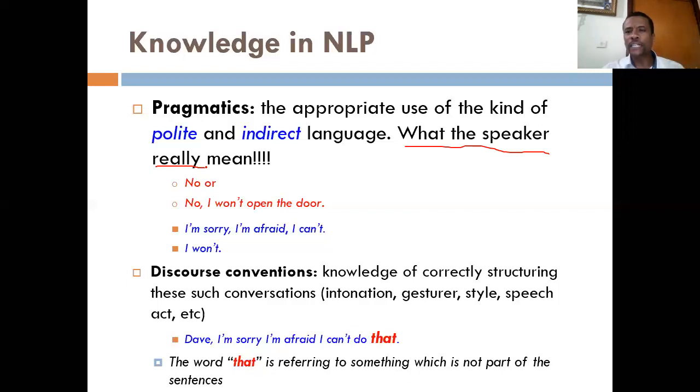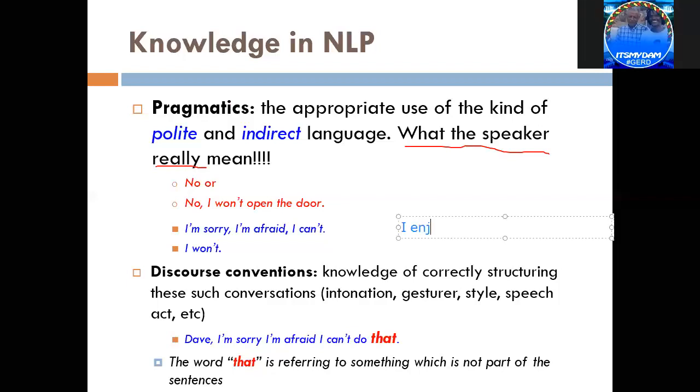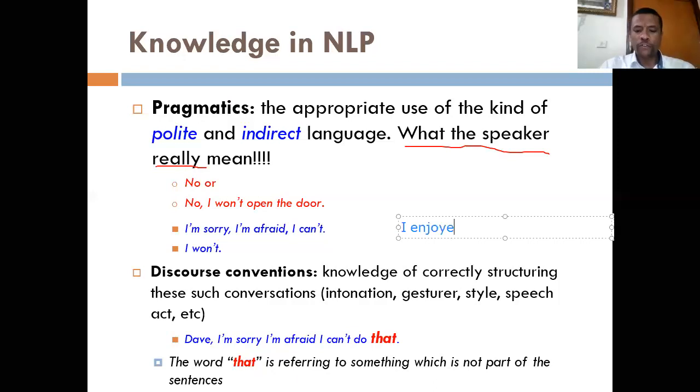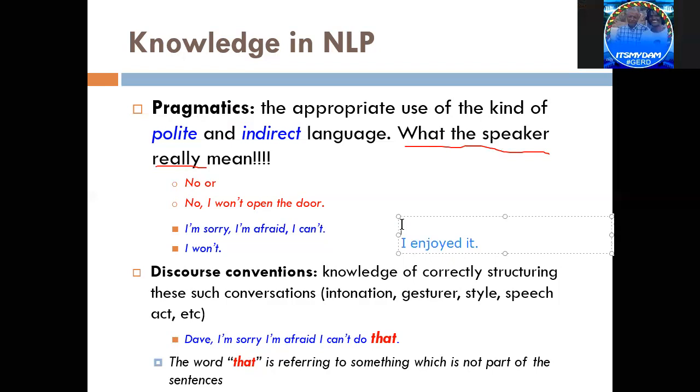But during the discussion, ideas might be dispersed across these constructs. So if you find a sentence of such a sort, if you find this one, "I enjoyed it." What did I enjoy?